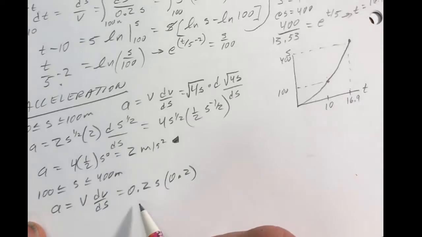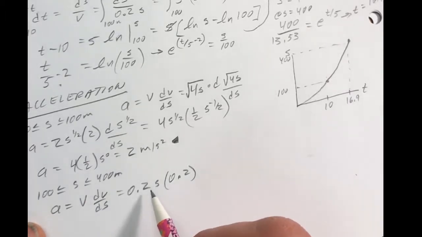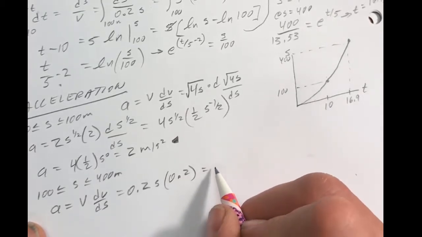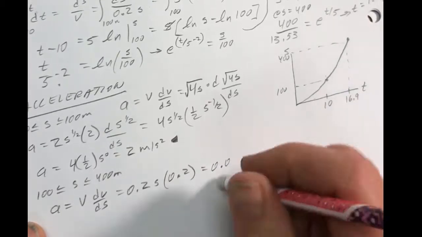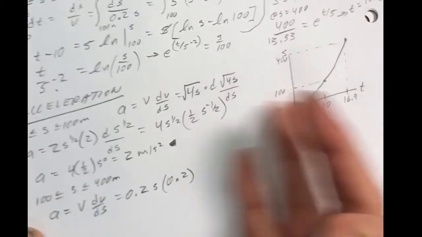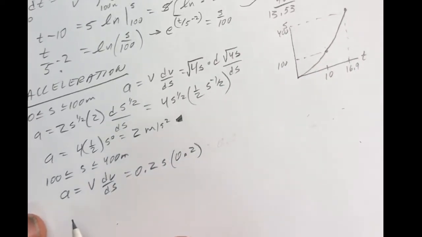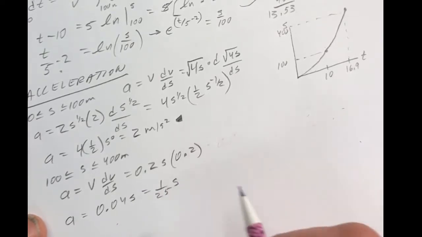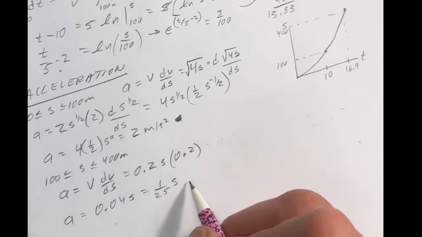Derivative of 0.2s is, we just drop the s, we have 0.2. This is a lot easier. We end up with 0.04. It's really best not to use more than 2 equal signs in an expression, so that's pushing it right there. So acceleration equals 0.04 s, which equals 1/25th s, right? It's 4/100ths, which is 1/25th. So we found that one.